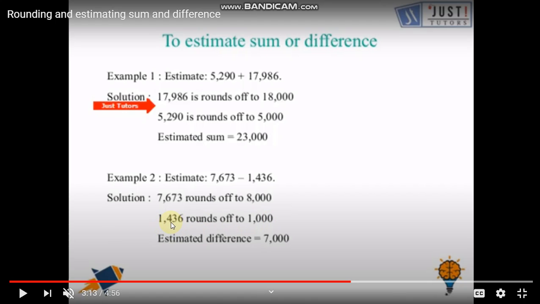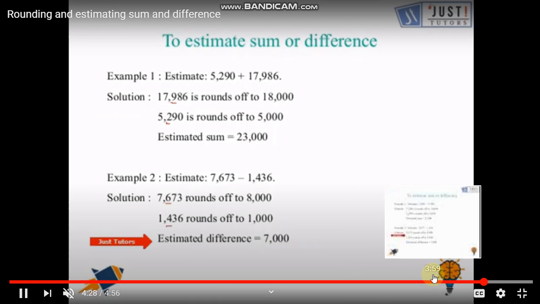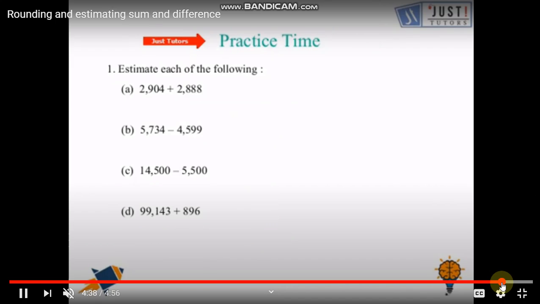Why? The last three digits 436 are less than 500, so we round to 1,000. The estimated difference of 8,000 and 1,000 is 7,000. See, this is how to estimate.